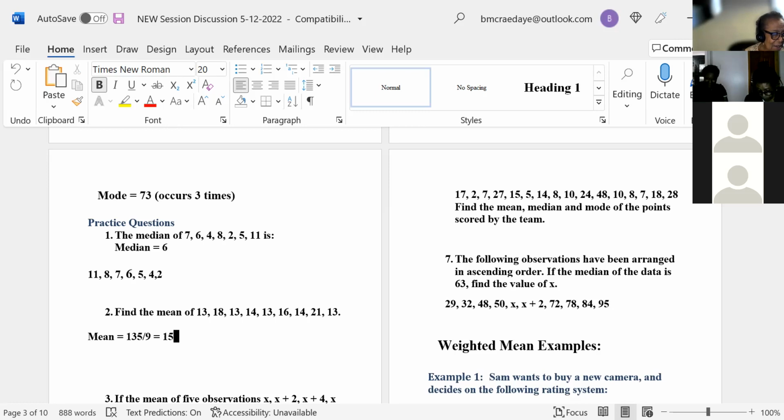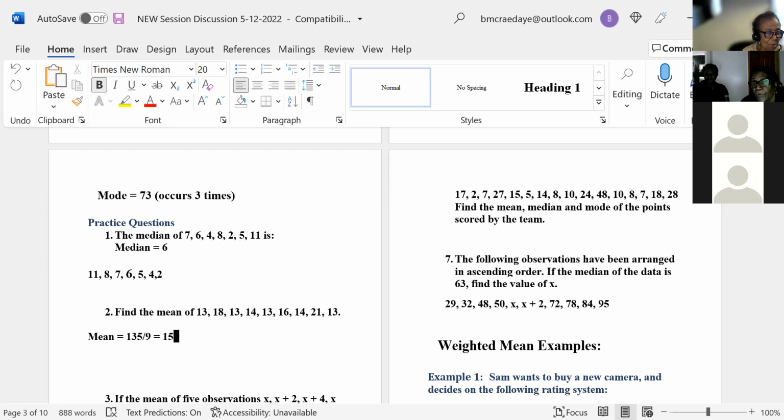Okay. What's the mode, Michelle? Since you said mode, what's the mode? Mode is the number that you put in order. No, what is the mode? Mode is the number that appears the most often.